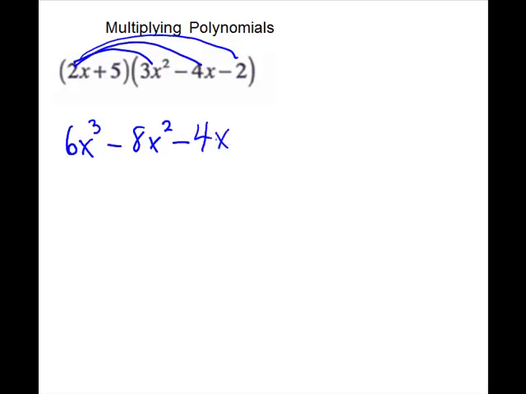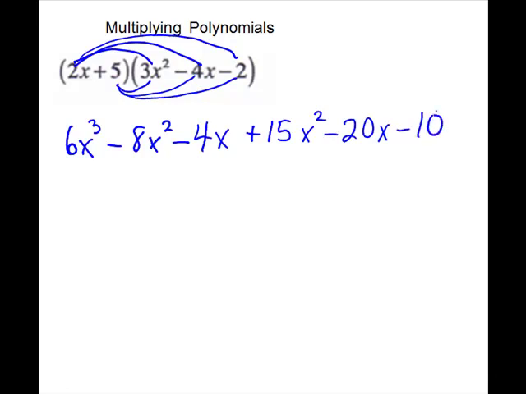All right, we're done with the 2x. Now we'll switch and distribute the 5 to the second set of parentheses. So 5 times 3x squared gives us 15x squared. 5 times minus 4x is a minus 20x. 5 times minus 2 is a minus 10.